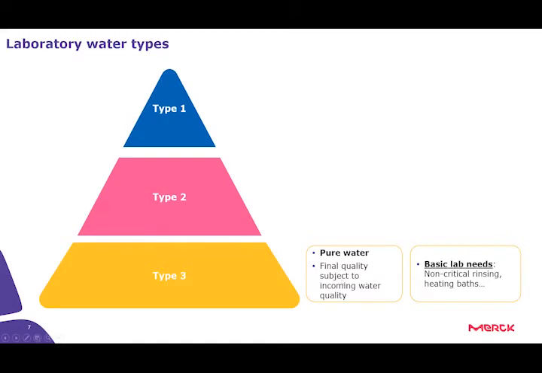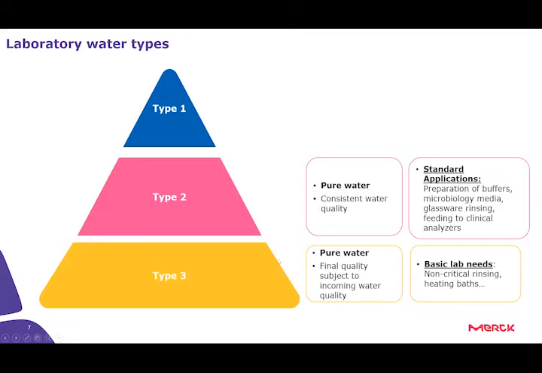Of course, we have 3 types, and each type is linked to several types of application. When we are speaking about type 3, we are speaking about pure water with final quality subject to the incoming water quality. The basic lab needs here are non-critical rinsing and heating baths. Type 2, we are speaking about pure water, but with consistent water quality.